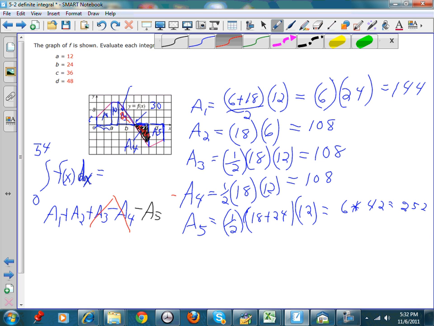A1 and A2, if you add those together, you're going to get 252. Oh my gosh. Okay, so this looks like A1 and A2, 144 plus 108 minus 252. Well, guess what, folks? That looks to me like it's equal to 0. So what we've just found is that the area beneath the curve, this area and this area, are exactly the same unless I made a mistake.